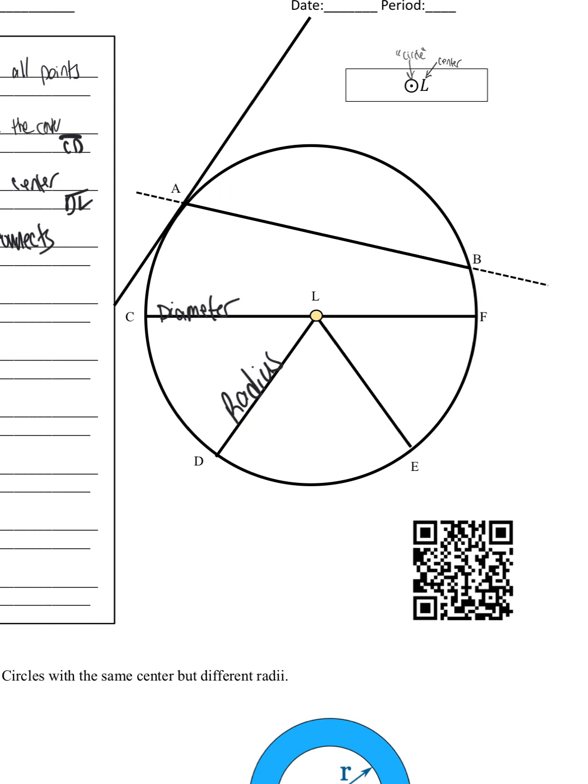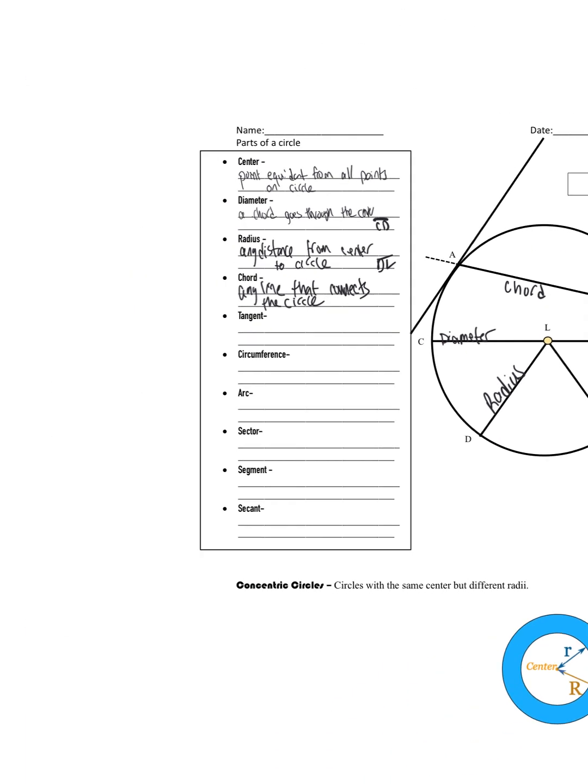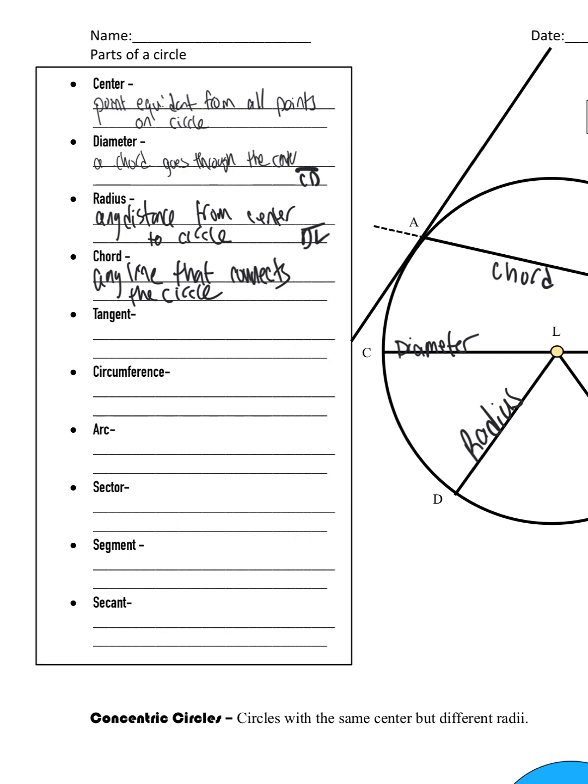So a chord, we would say, is something like A to B. Because if I look, this A is on the circle and I travel through to B. So this is what we call a chord. The reason why a diameter is a chord is because it does the same thing. It's just the diameter goes through the center specifically. So we might say that the chord in this case is AB with a line.